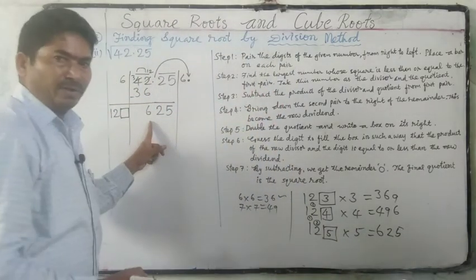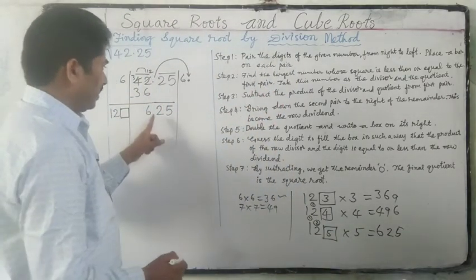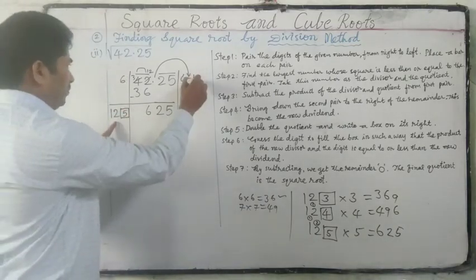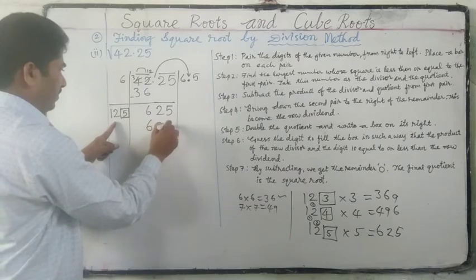So 625. So it is equal to the dividend. So 125 5s are 625.